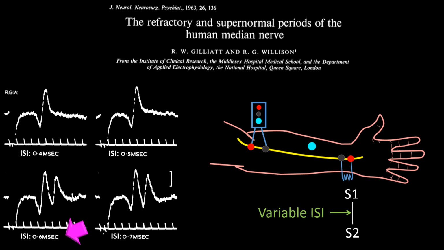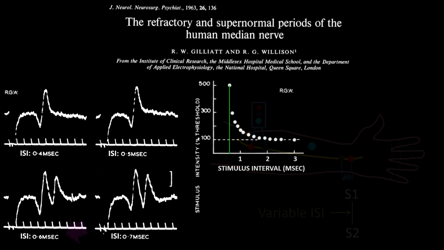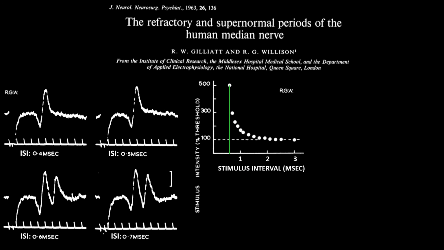That is the time when a potential first got through and was not blocked. Yet, as indicated in the graph I have just introduced from the same patient, the intensity of the stimulus required to produce a second wave at 0.6 milliseconds was 500 times more than the stimulus intensity it took to produce the initial wave.